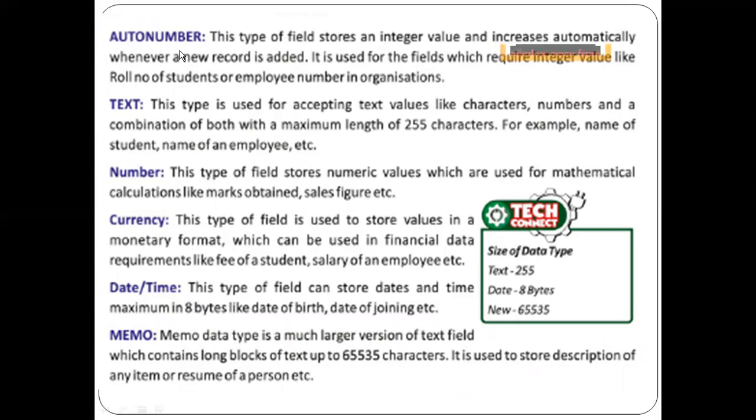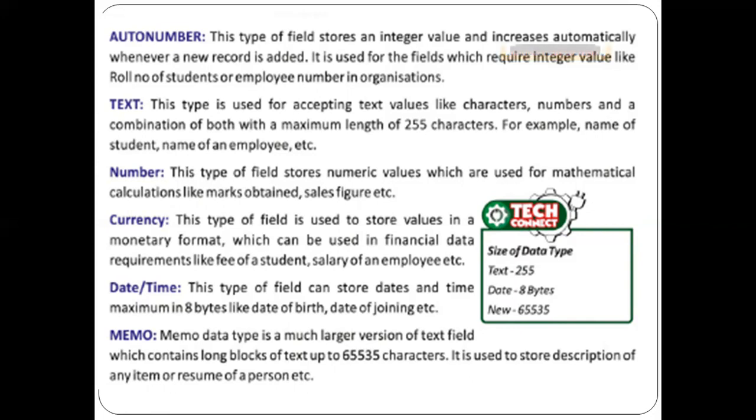This type of field stores an integer value and increases automatically whenever a new record is added. It is used for fields which require an integer value, like roll number of a student or employee number in an organization. So AutoNumber means it is generated by the system automatically and it increases as and when required.